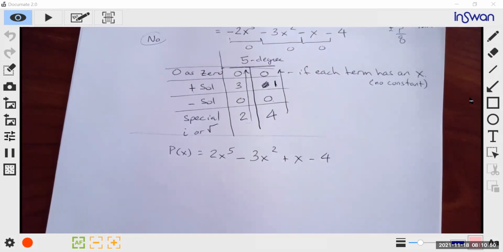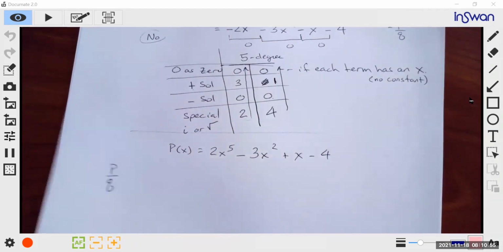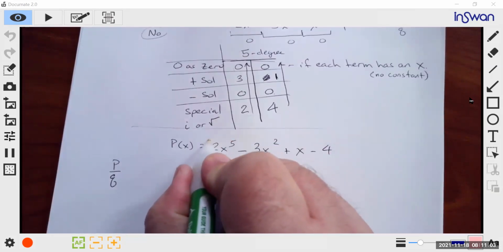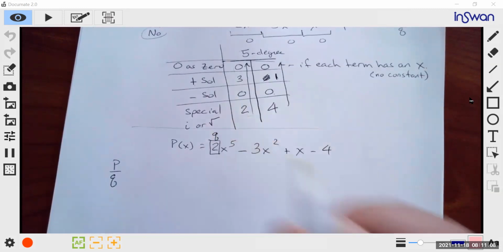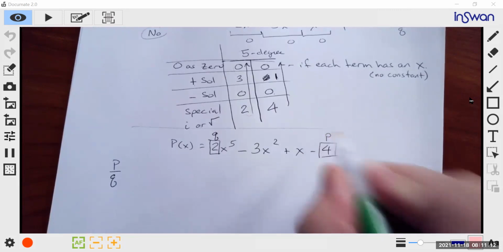How do we do that? The P over Q, rational zeros. The leading coefficient is Q. The constant is P.